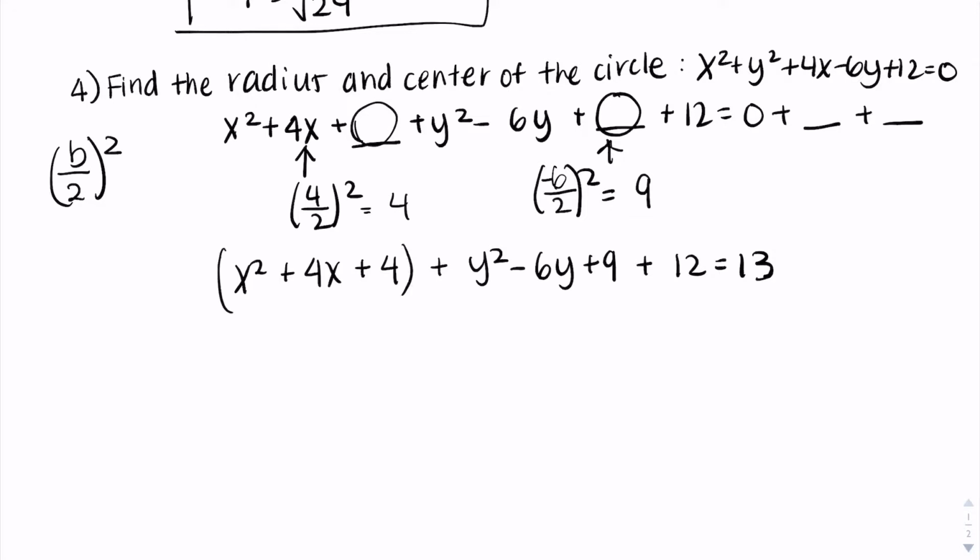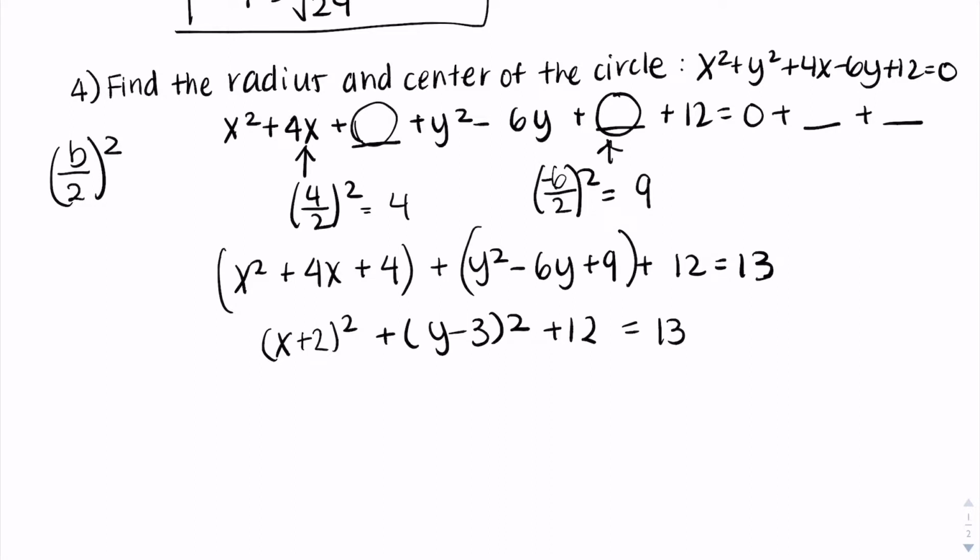And then when you complete the square, you will get x plus 2 squared, y minus 3 squared, plus 12. You want to get rid of the 12, you minus on both sides. So final answer will be x plus 2 squared plus y minus 3 squared equals 1.